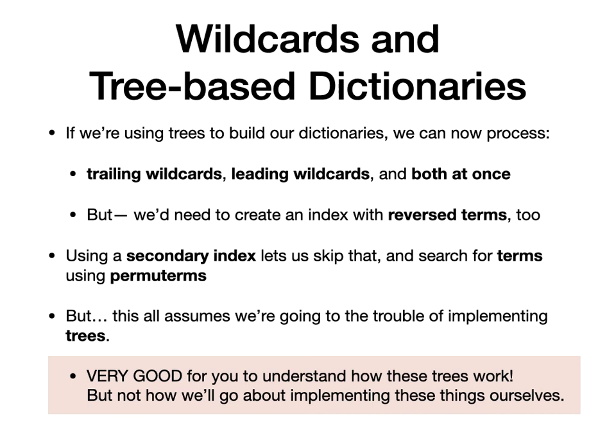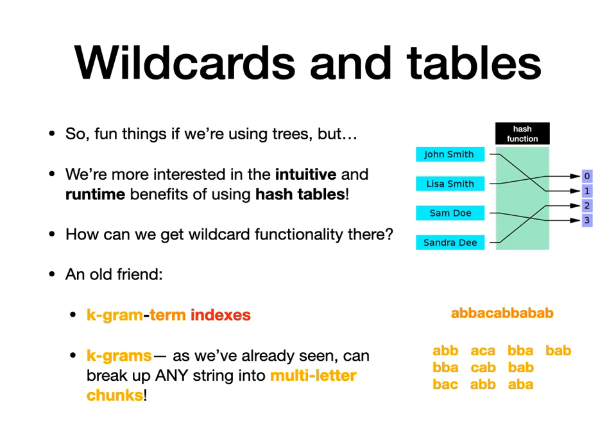So we're not focusing on tree-based dictionary development, index building, that kind of stuff. It's very good to know how these trees work and that they are used in lots of places. But that's not how we're going to work with them. We're going to work with the things that we've talked about before as being quite fast, at least for small collections, and really intuitive to work with, and that is hash tables.